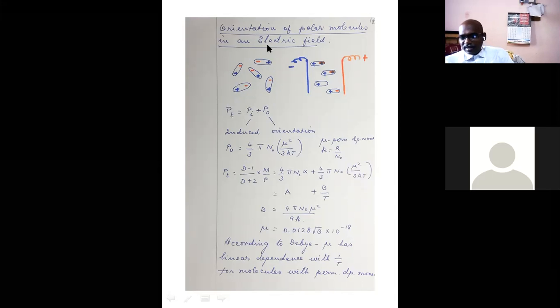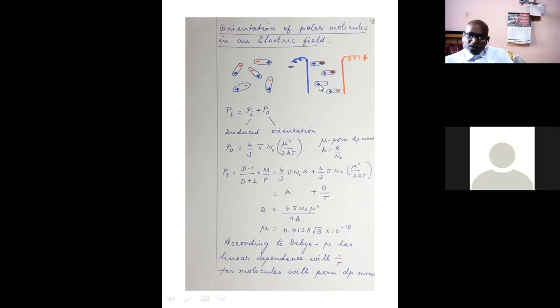They are oriented in a random manner so that the entire bulk has zero electric charge, because one vector is here, another vector is here, another vector projected over there. These electrical vectors will cancel out each other, and there will be a zero charge in the bulk. But when they are present in an electric field, what will happen?